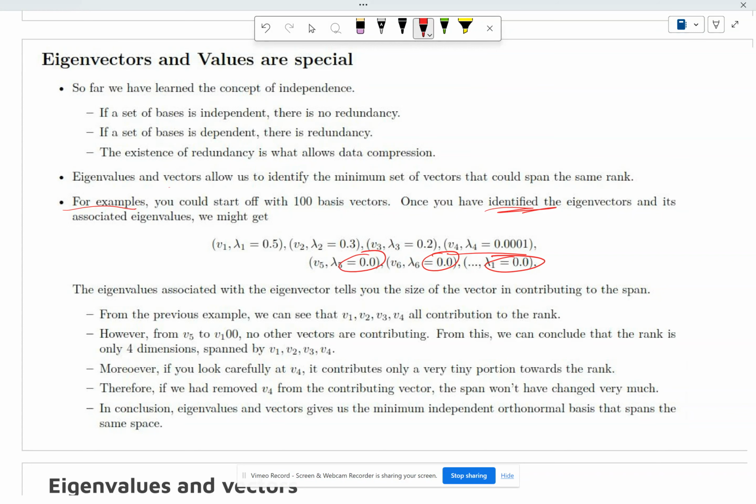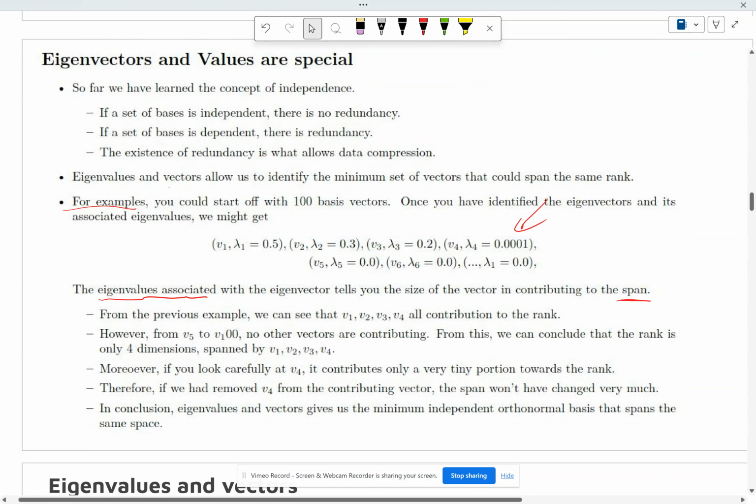So, what is the meaning of the eigenvalue associated with an eigenvector? These numbers tell you the size of the vector's contribution to the span. If you have a big number, that means this vector, this direction, is really contributing to the span. Whereas this one, which is a much smaller number, is not contributing to the span very much.